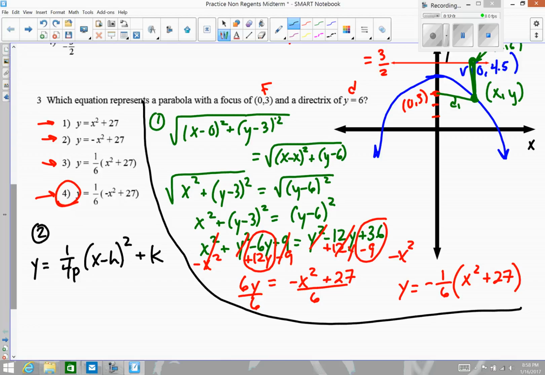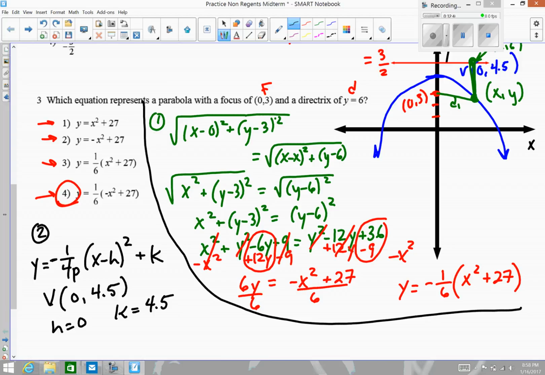Knowing that this parabola opens downwards, I will need this to be a negative 1 over 4p. And remember now that h is our x-coordinate for the vertex. So if my vertex is at 0, 4.5, then we know that h equals 0, k equals 4.5, and I need the value of p.